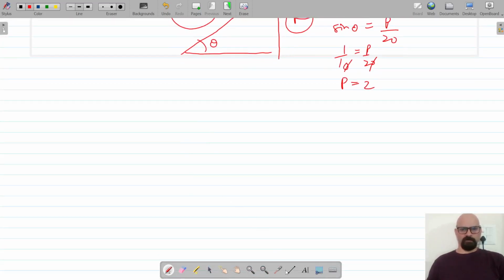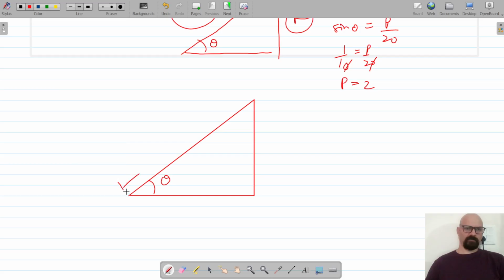All right, let's draw this figure once again. This is the distance covered on the inclined plane, this is the vertical distance covered by the man, and this is the horizontal. We have found that for covering a distance of 20 meters on the inclined plane, this man will cover 2 meters of vertical distance.